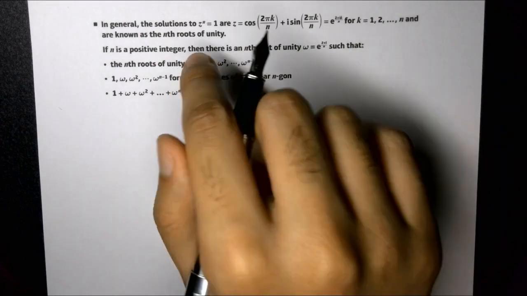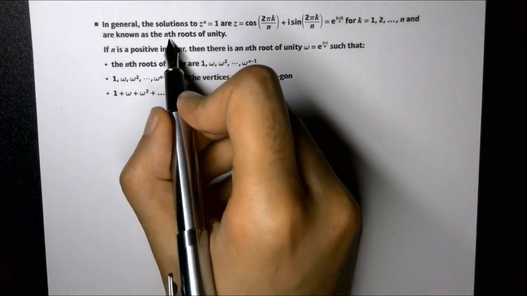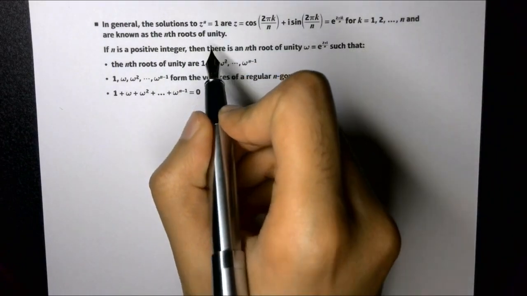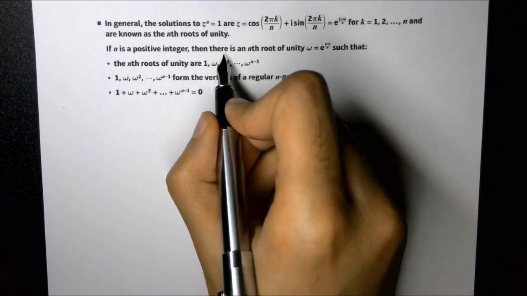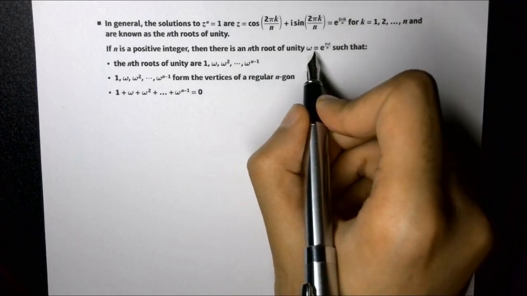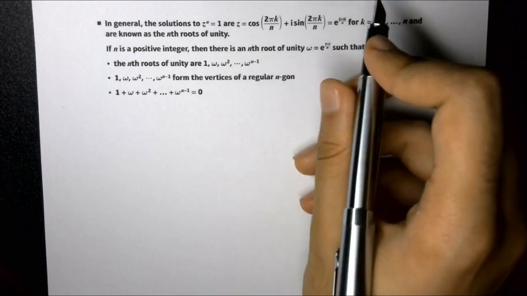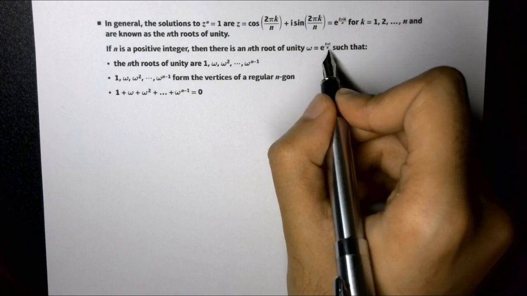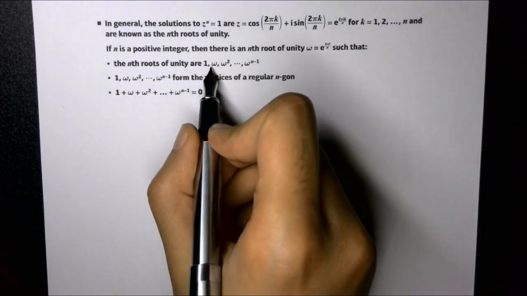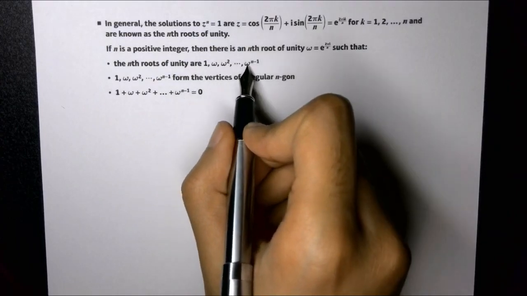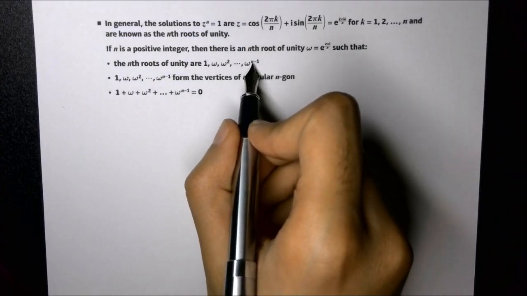The solutions over here are known as the nth roots of unity. Now, if n is a positive integer, then there is an nth root of unity omega equals e to the 2 pi i over n, such that the nth roots of unity are 1, omega, omega squared, all the way up to omega to the power of n minus 1.